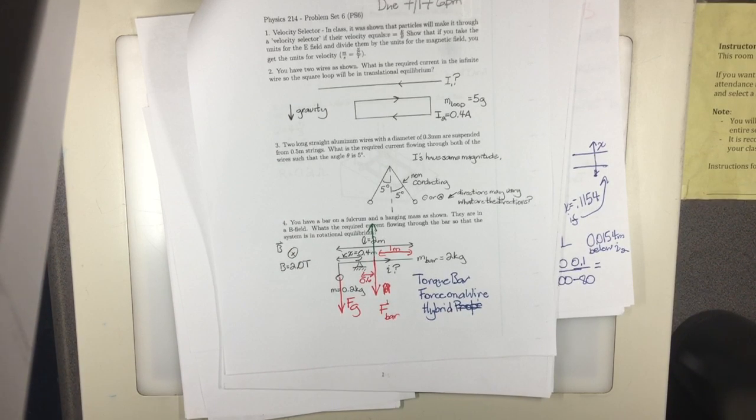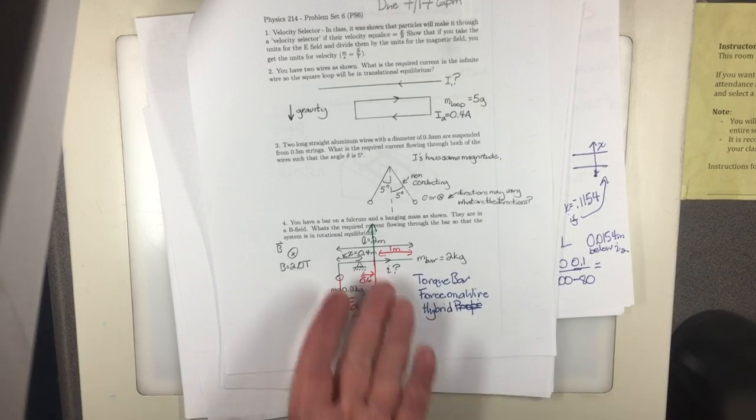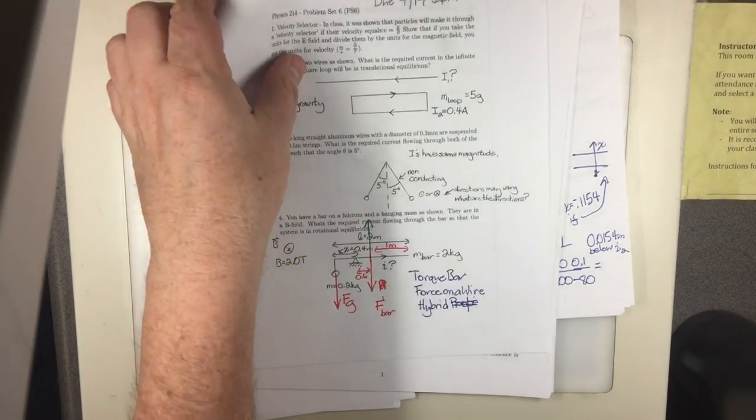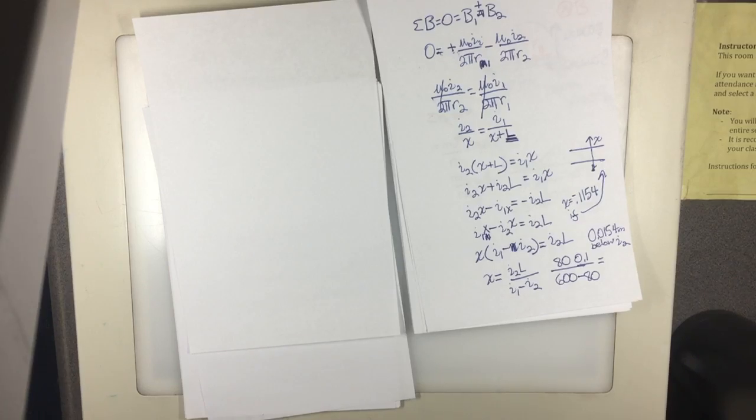I have the B field. The big question is, well, what's I? Well, let me simplify this and clear up the sketch.